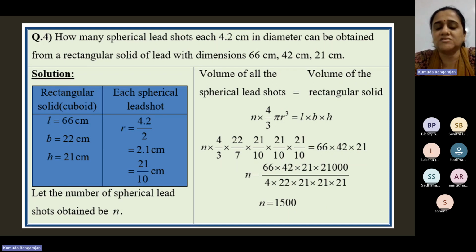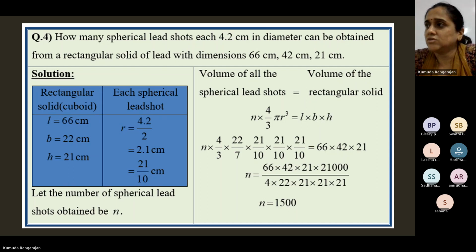The volume of all the spherical lead shards is equal to the volume of the rectangular solid. That is a cuboid. So sphere: 4 by 3 pi r cubed.